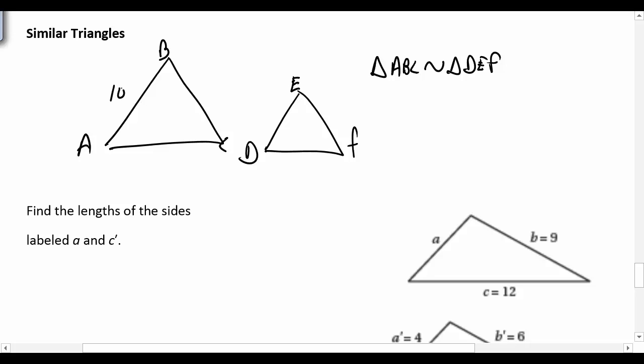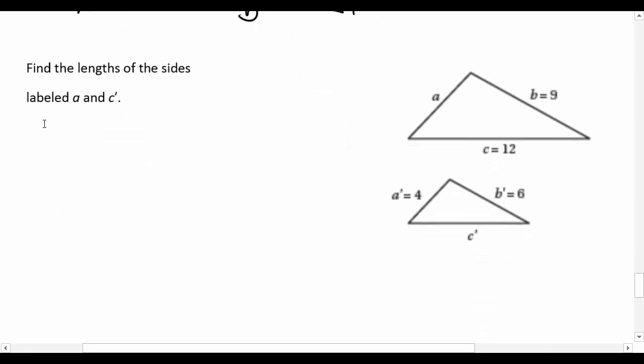So let's say that AB is 10 and DE is 5. That means DEF is half as big, or ABC is twice as big as DEF, depending on how you want to look at that. And so in this case, we do lots of similar triangles to proportions. We do lots of proportions and then cross multiply and divide to find missing information.